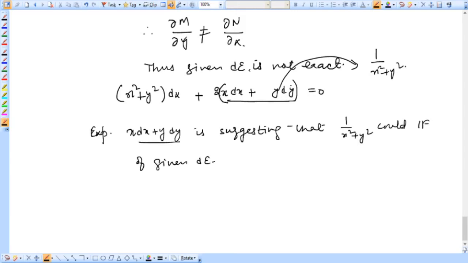So let us try to check whether or not this is an integrating factor of the given differential equation.